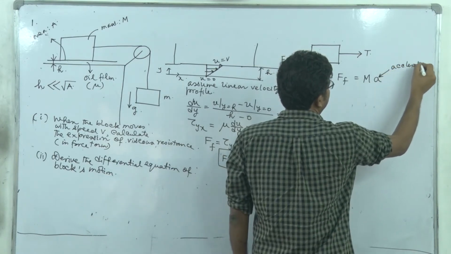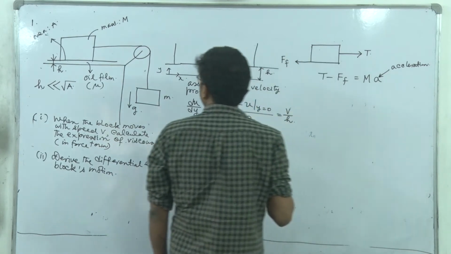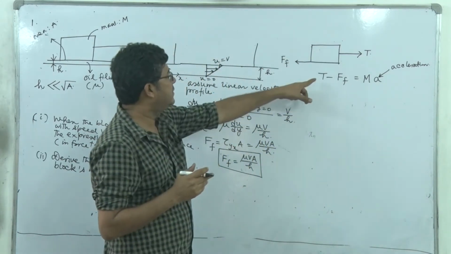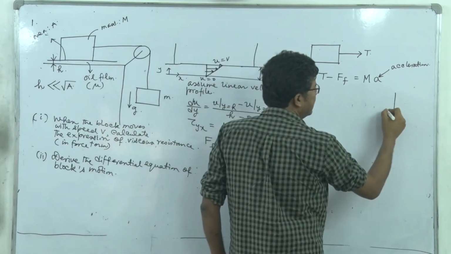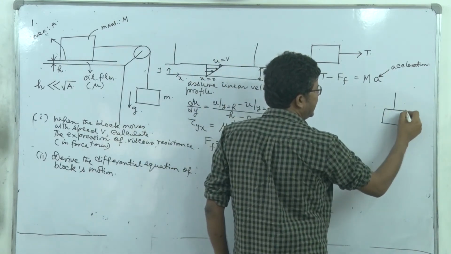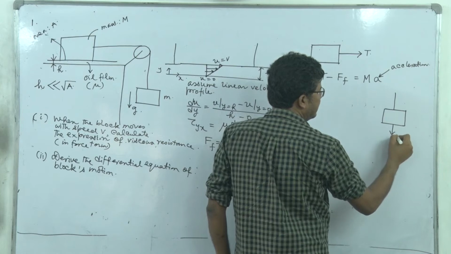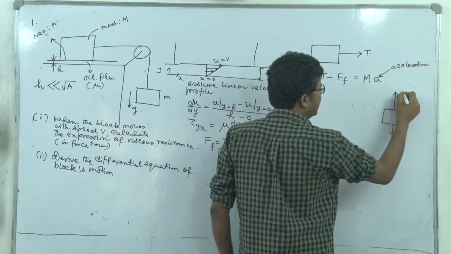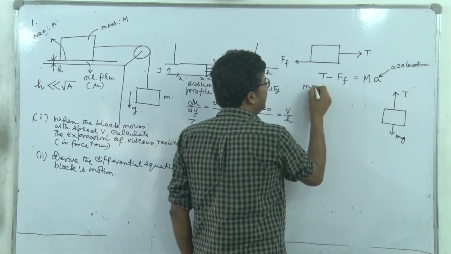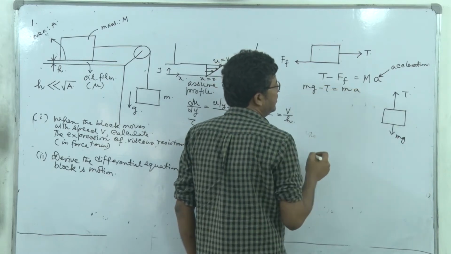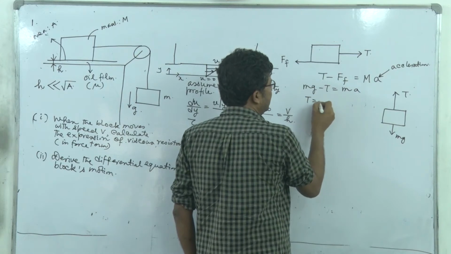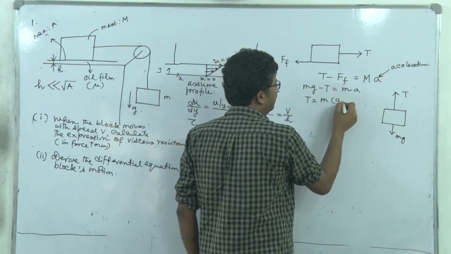Now we have to replace this T. How can we do that? If I consider the free body of this falling mass, here we have mg, here we have T. So mg minus T, the acceleration will remain the same, so this must be equal to ma. So T is equal to m of (g minus a).